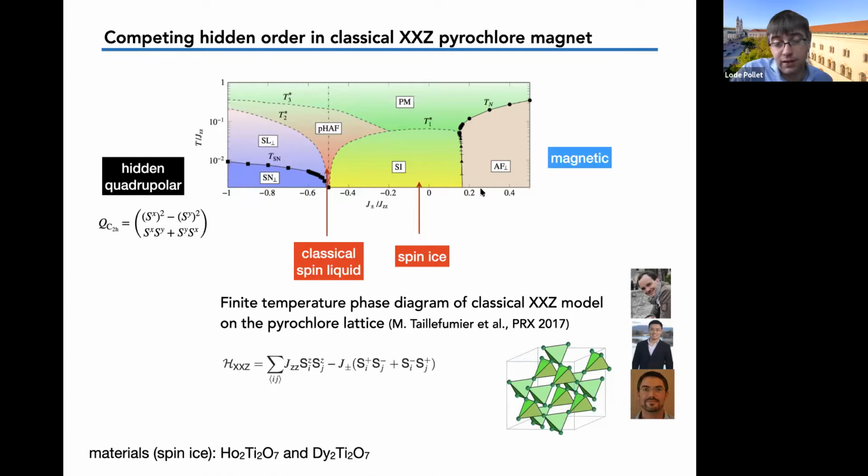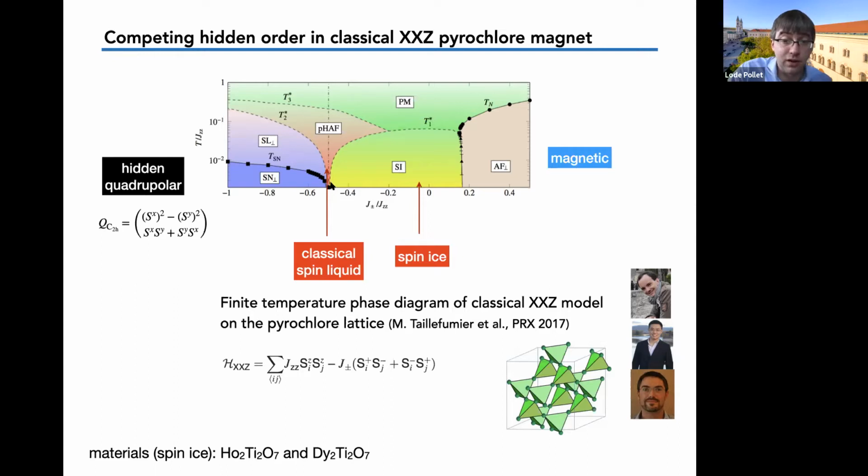You see that in the ground state, you can get an ordered phase when J plus minus is strongly positive. You can get spin ice physics here. You get an ordered nematic phase here, and at minus 0.5, you get a Heisenberg spin liquid only at this point.